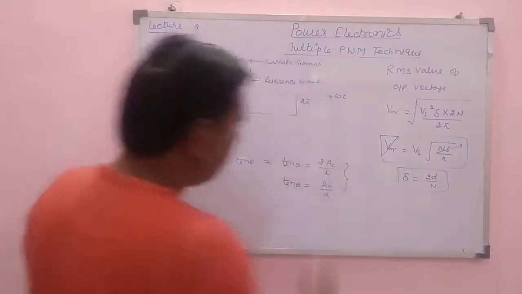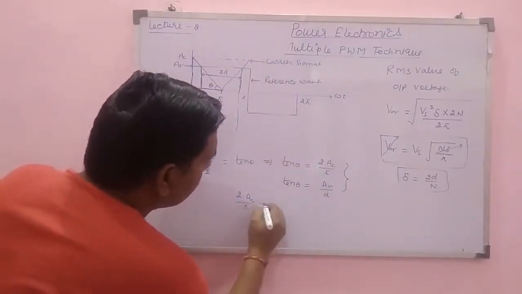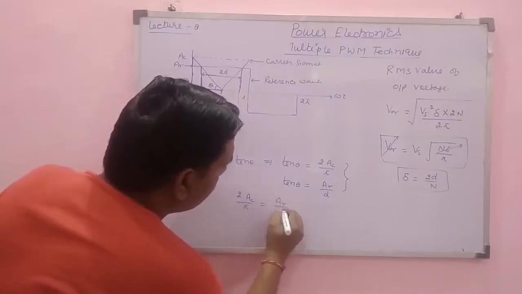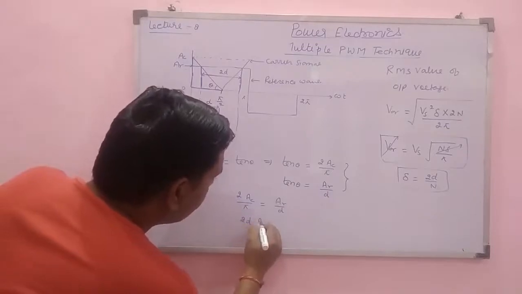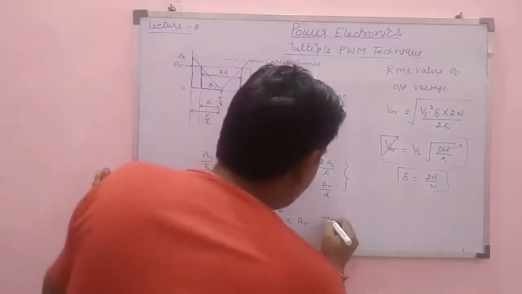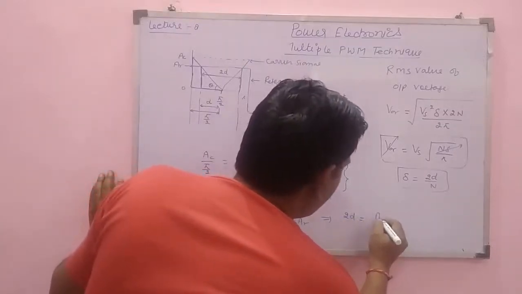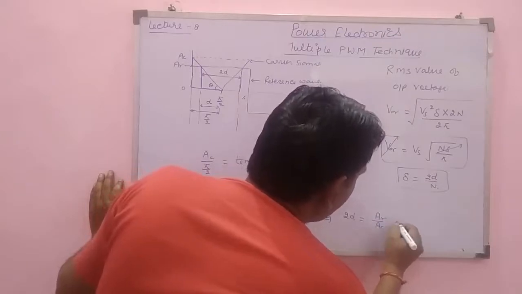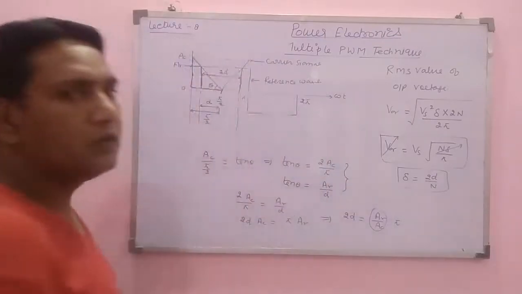So we can equate these equations. So it will be 2AC upon pi is equal to AR upon D, and this will be 2D into AC is equal to pi into AR. From here we can calculate that 2D is equal to AR upon AC into pi, and AR upon AC is nothing but the modulation index.